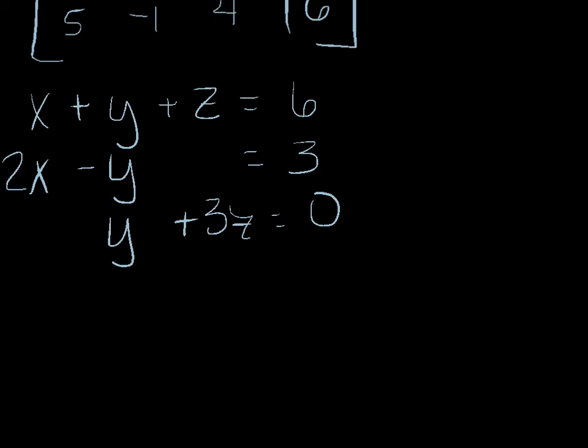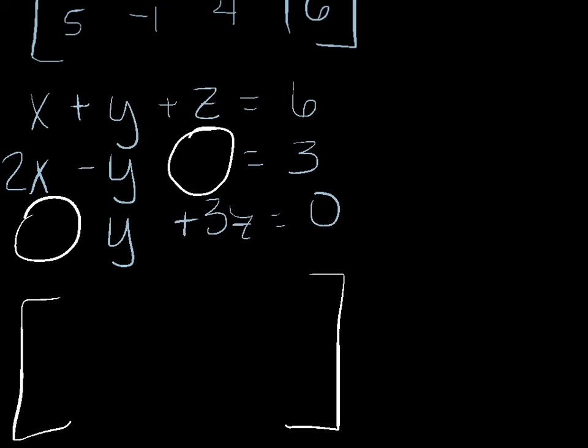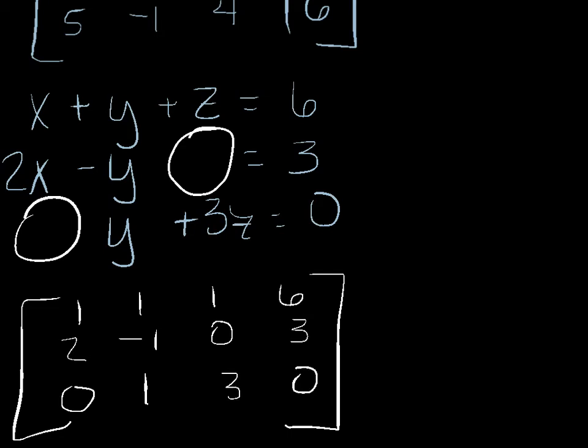What would I have to put in place for here and here? I can't leave entries blank, so make sure that you put zeros in those places. So I would put a 2, -1, 0, and 3. 0x, 1y, 3z, and a 0. So make sure you put zeros in those places that you have blanks in your system.